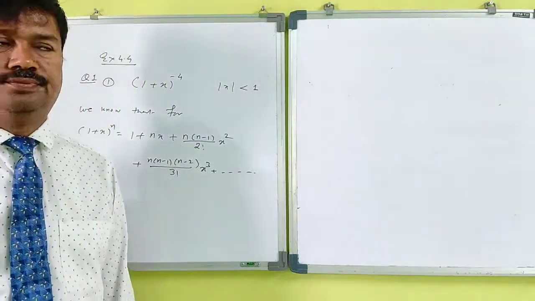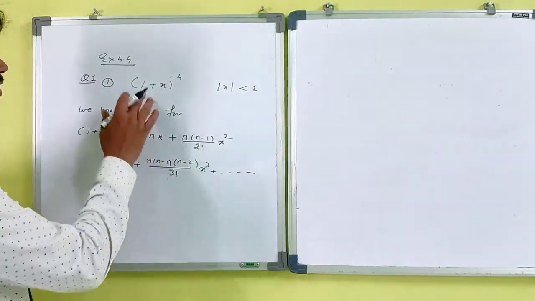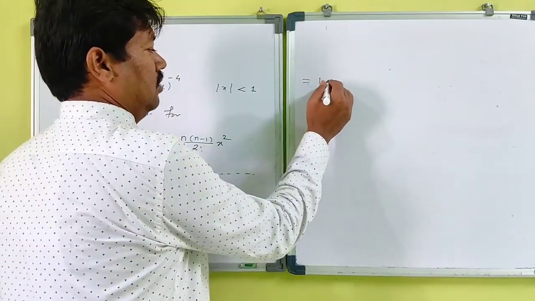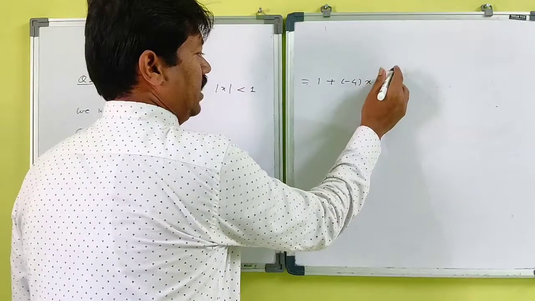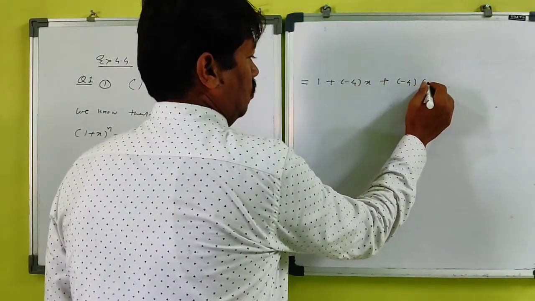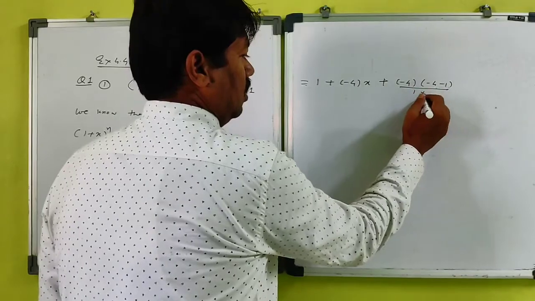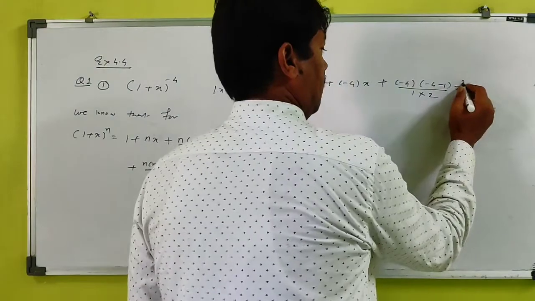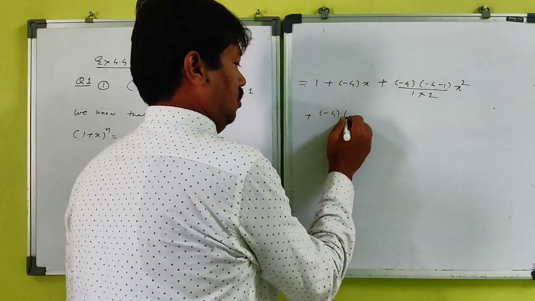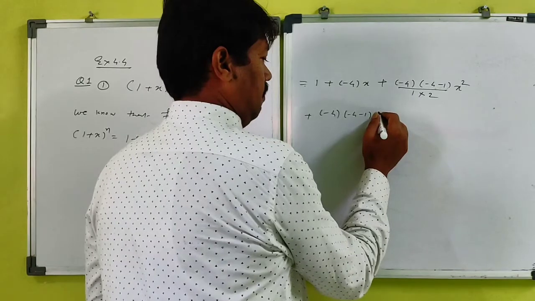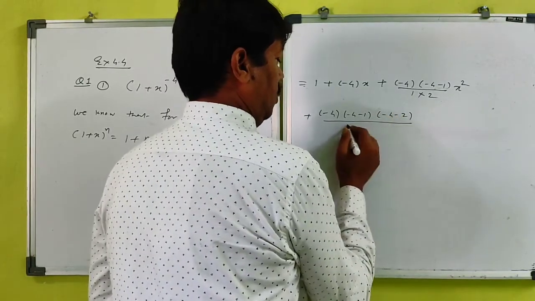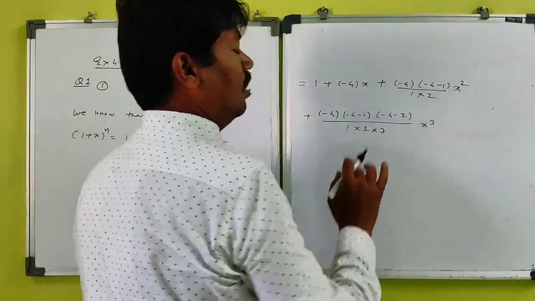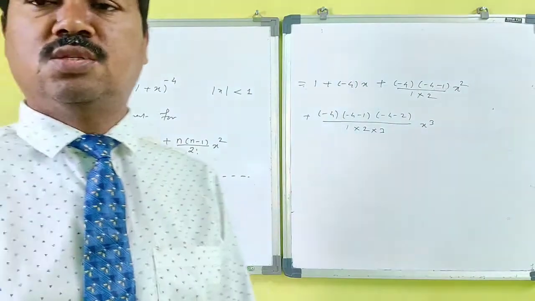So using this concept, you want to write the first 4 terms. The first 4 terms here are 1 plus minus 4 into x plus minus 4 into minus 4 minus 1 upon 2 factorial into x square, plus minus 4 into minus 4 minus 1 into minus 4 minus 2 upon 1, 2, 3 into x cube. So these are the first 4 terms.